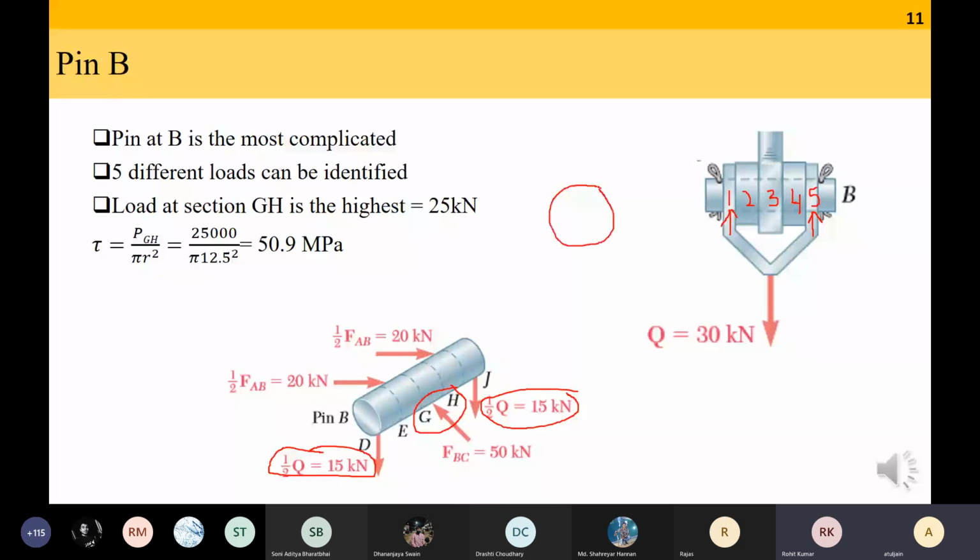If the load is in this direction, or case 2, again I'm drawing a circle, if the load is in this direction, if this is equal to F and this is equal to F, the shear stress is still F by A. All we are saying is force parallel to the surface. We are not saying anything about the direction. So the fact that the directions of Q, FAB, FBC are different doesn't matter. All the forces are parallel to the circular cross section.